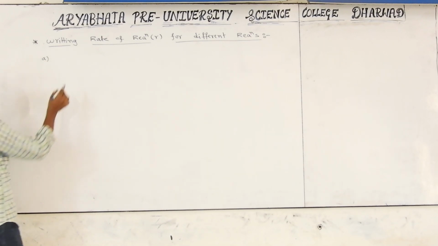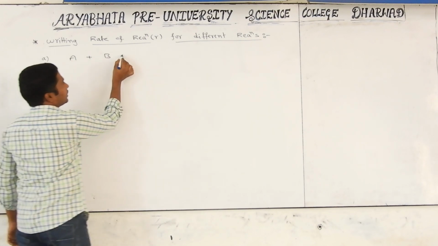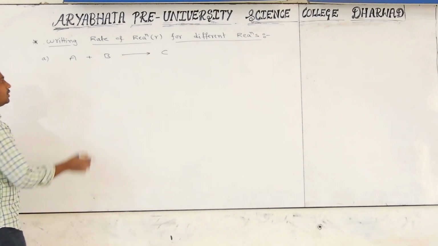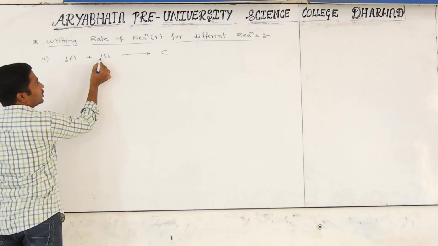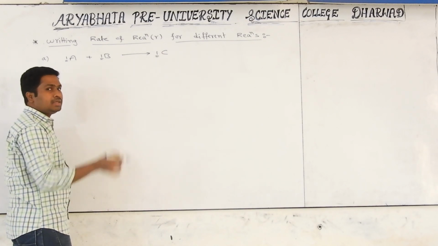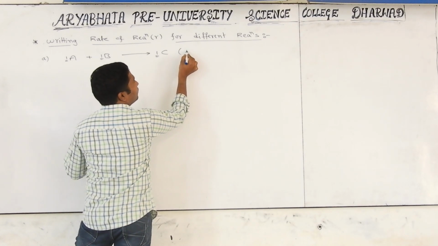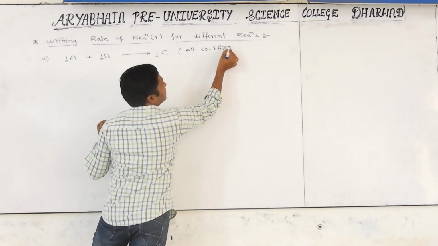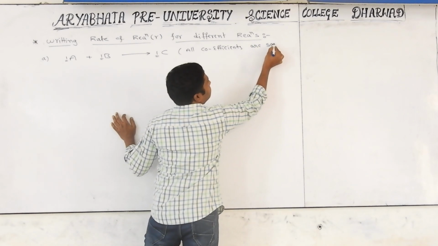Suppose you are taking A plus B gives C. What did you understand here? 1 mole of A will combine with 1 mole of B, and we are getting 1 mole of C. It means in this balanced chemical reaction, all coefficients are the same. This is the first case.